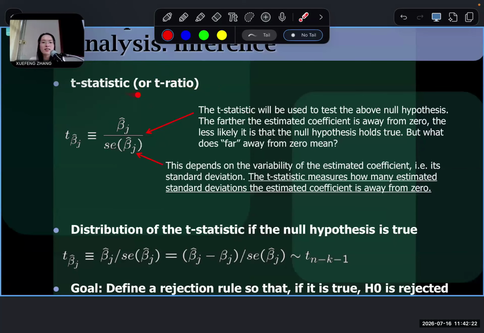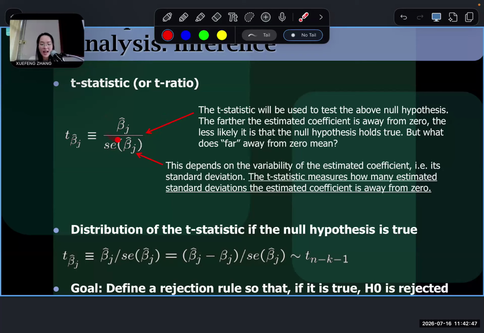Next one, now we build the actual test statistic, the t-statistic or t-ratio, all right? What is the formula? T of beta j hat equals beta j hat divided by the standard error of beta j hat, okay?